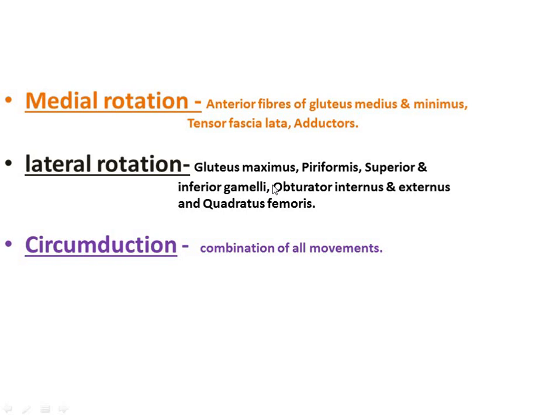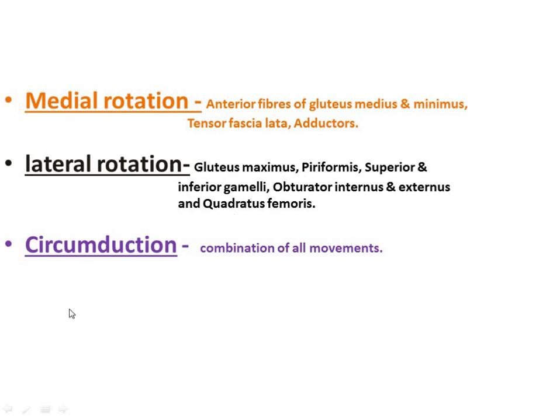Lateral rotation is by all those short muscles present in the gluteal region under gluteus maximus, namely the obturator internus with two gemelli, obturator externus, quadratus femoris, piriformis, and gluteus maximus.